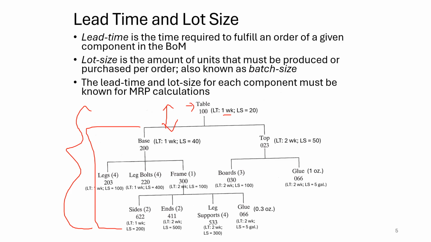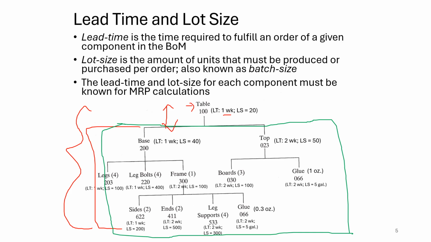So considering that we have this portion of the BOM ready with us, if we place an order right now, we will get a table after 1 week. So the lead time of 1 week over here only indicates how long it takes to manufacture or assemble the table, considering that all the other components below it in the product tree type BOM are already ready.